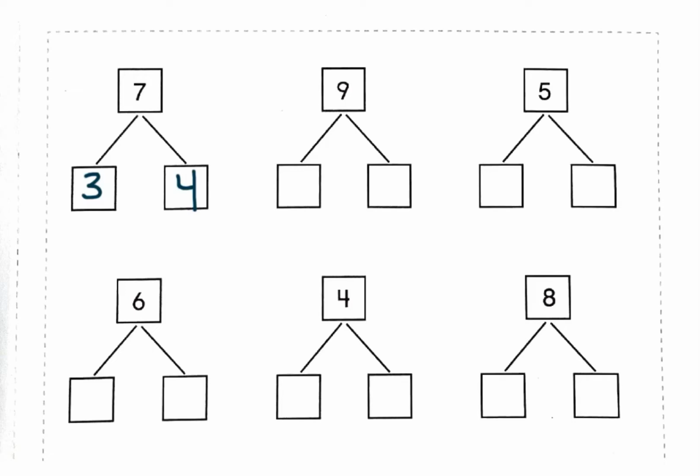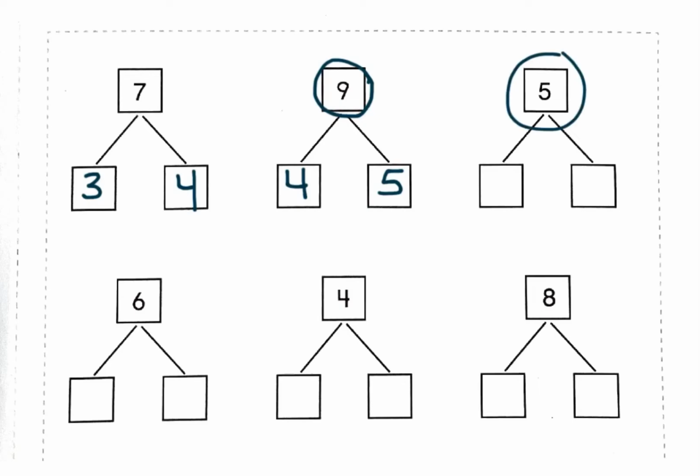Same with 9 and 5. They're both odd numbers. Let's do 9. The whole number is 9. We need to find the 2 parts, the 2 add-ins. We know that 4 plus 4 is 8. 9 is 1 more than 8, so 1 more than 4 is, you got it, 5.